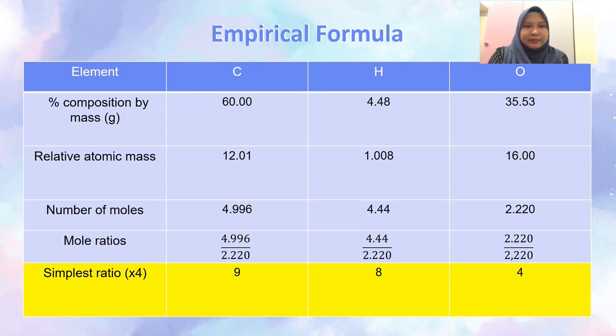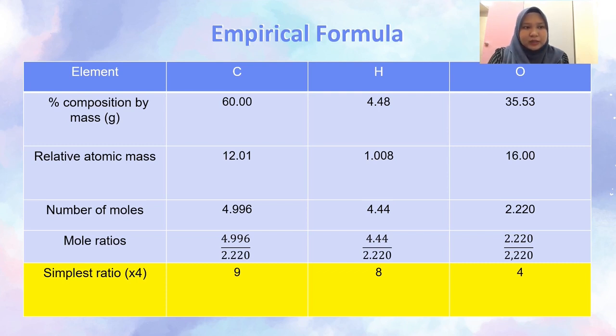Elements carbon, hydrogen and oxygen. Percentage composition by mass in grams: carbon 60, hydrogen 4.48, oxygen 35.53. Relative atomic mass: carbon 12.01, hydrogen 1.008, oxygen 16.00. Number of moles: carbon 4.996, hydrogen 4.44, oxygen 2.220.